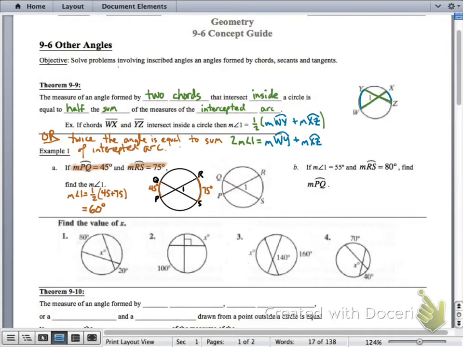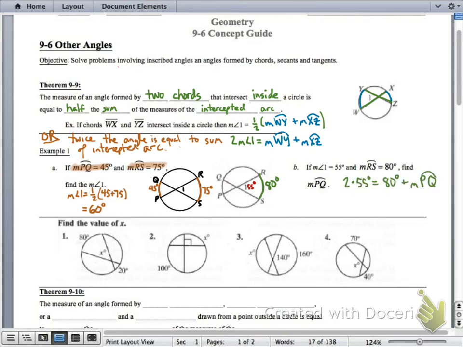Example 2 over here, this time it gives us an angle and an arc. That looks like 155, but it's not supposed to be. It's supposed to be the measure of angle 1 is equal to 55 degrees. We need to find the measure of arc PQ over here. So we can use an angle and one of the arcs to find the other arc that's intercepted by those two chords.